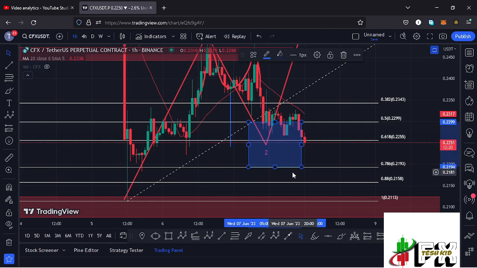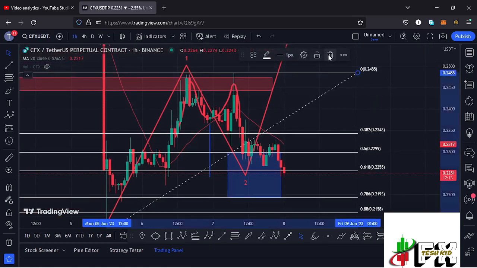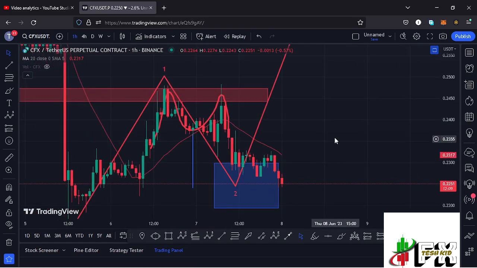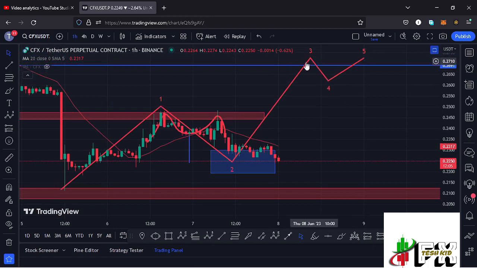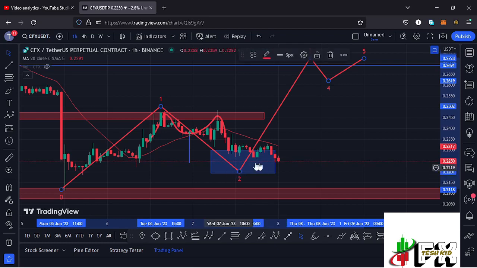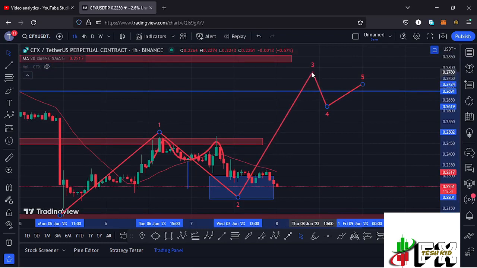We can expect CFX to give us a reaction at this target area in what could be the start of an impulse in the formation of wave 3 to the upper side once we put in place the low for wave 2. But since we don't have a low in place, I can't give you minimum target areas to the upside in the formation of this wave 3.